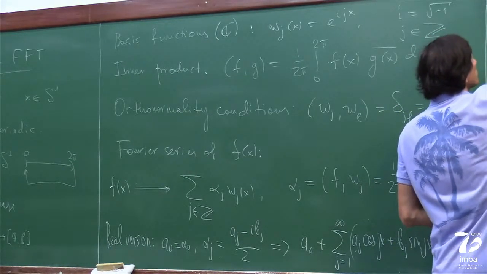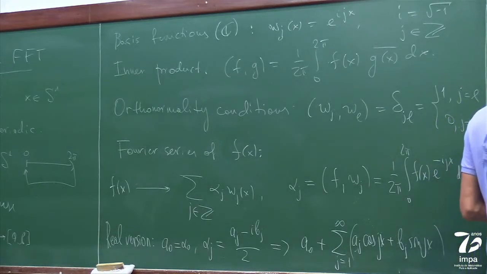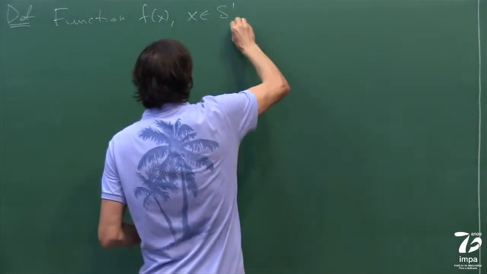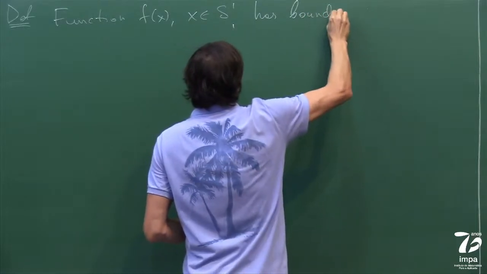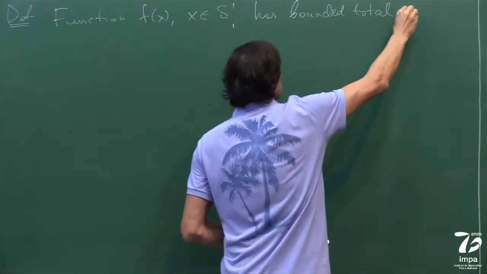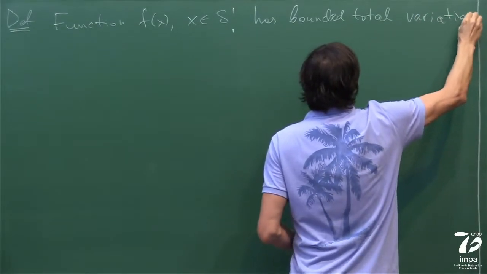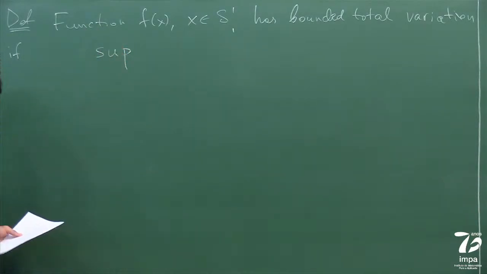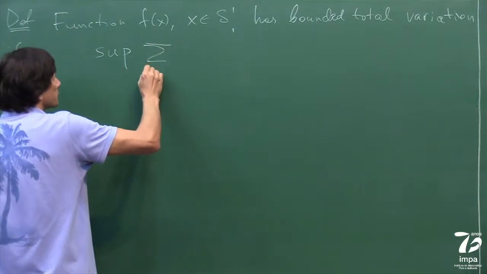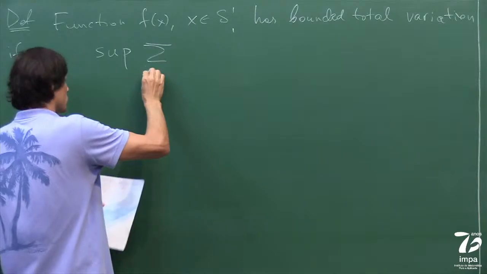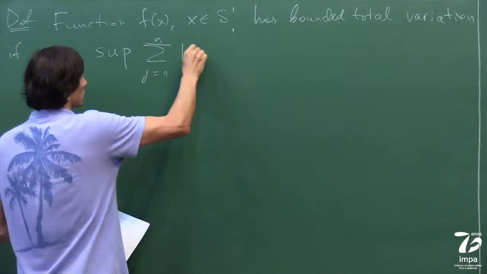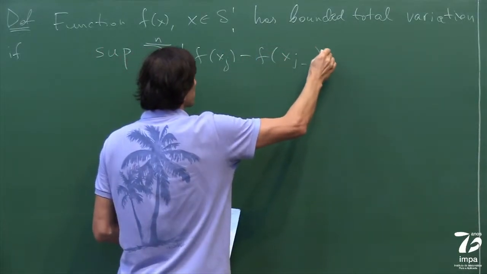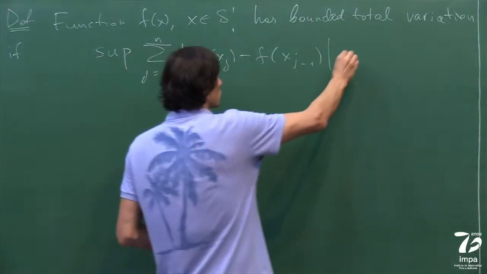The function f of x for x on a circle, an arbitrary function, we say that it has bounded total variation if what is called the total variation, the supremum over all the sums of differences, is smaller than infinity.